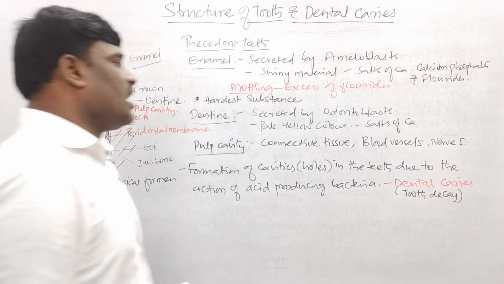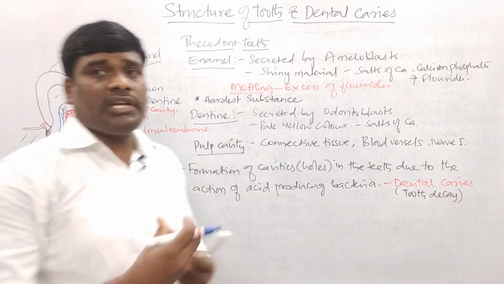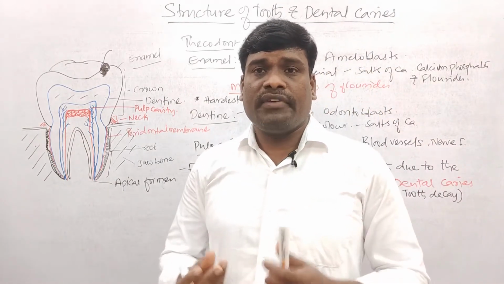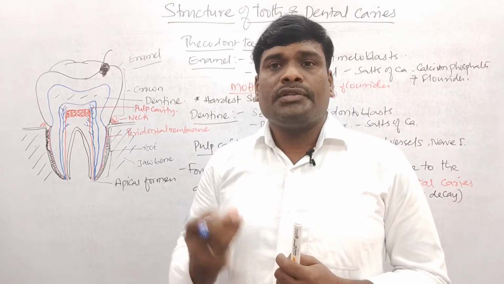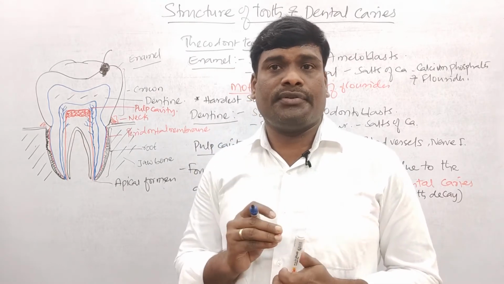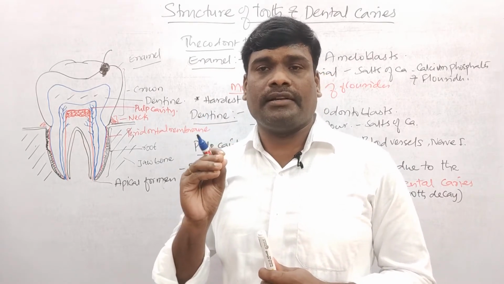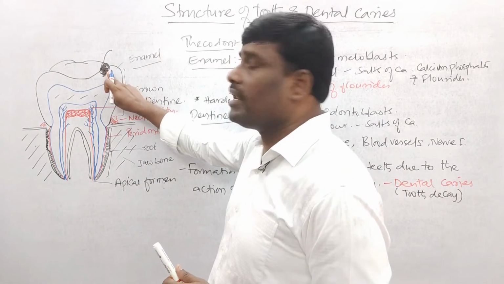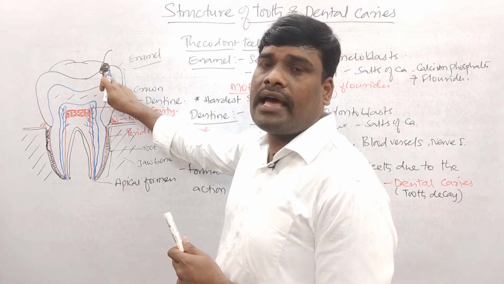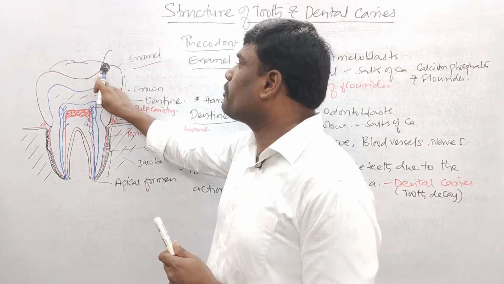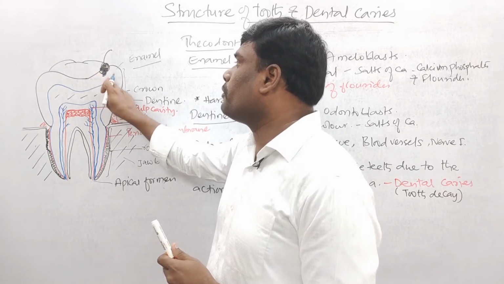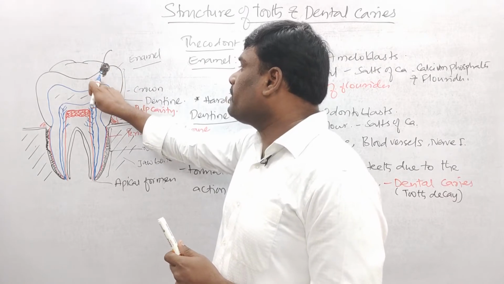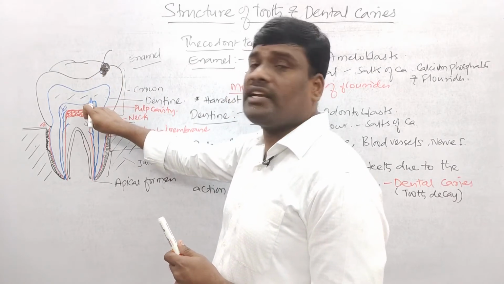How does this tooth decay occur? When we eat food, children, along with the food there will be a certain kind of bacteria. The food consists of sugars. So this acid producing bacteria, because of these sugar particles, will dissolve the salts of the enamel. When it dissolves the salts of the enamel, cavities or holes form, and they reach the pulp cavity.